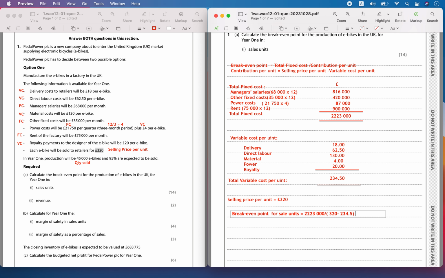So that will be equal to units. So this is the amount of sales they need to make so that they don't face any loss.